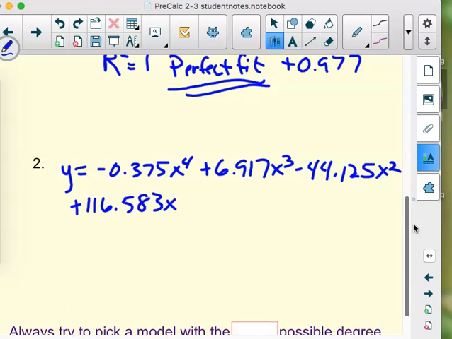And then something a little interesting, that last number, our constant, came out perfectly as minus 111.